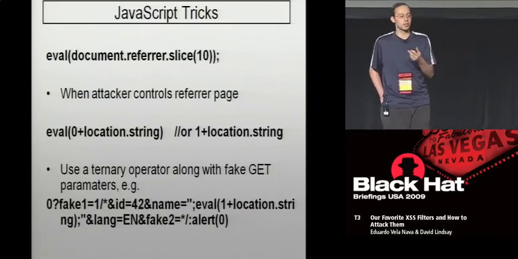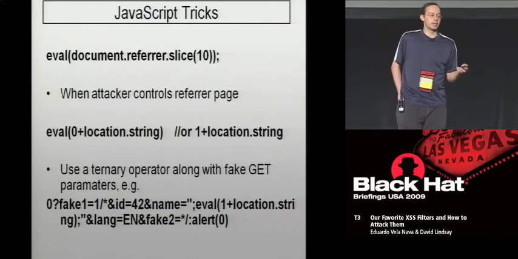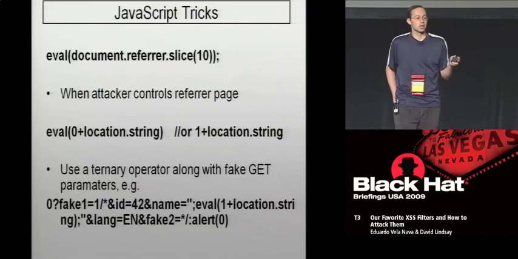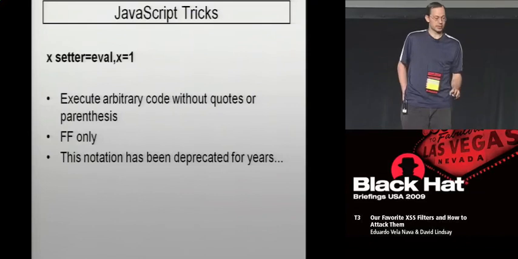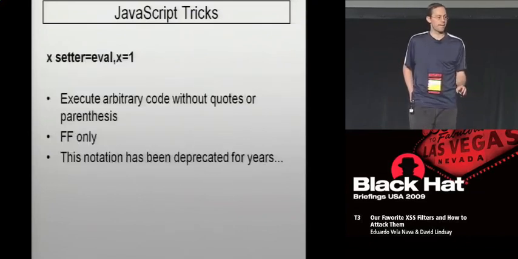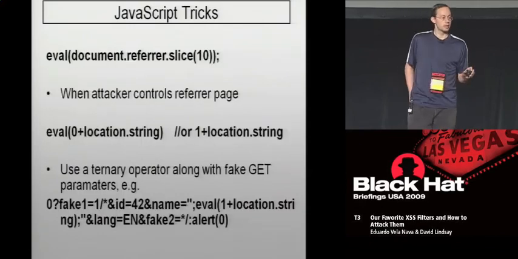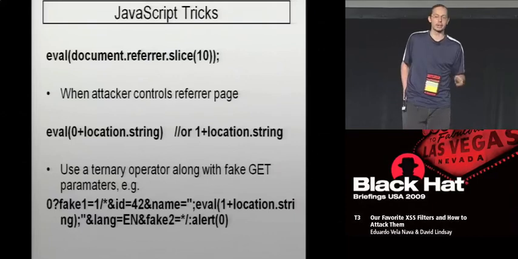So you do 0 plus location.search, and you end up with something like this string at the bottom. And the actual injection will go through because we are using comments to ignore all the middle stuff that's in the injection. So that's, again, just another way of hiding where the actual injection is.